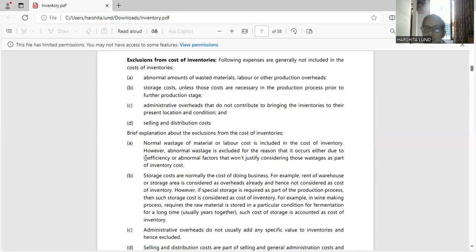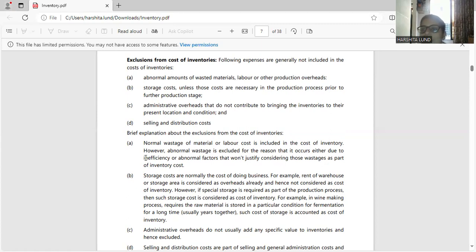What all costs are excluded from the inventory? We will see abnormal amounts of wasted material. Abnormal cost, for example, because of the inefficiency of the worker, we have used excess raw material as compared to the daily raw material normally used. All these are abnormal costs.